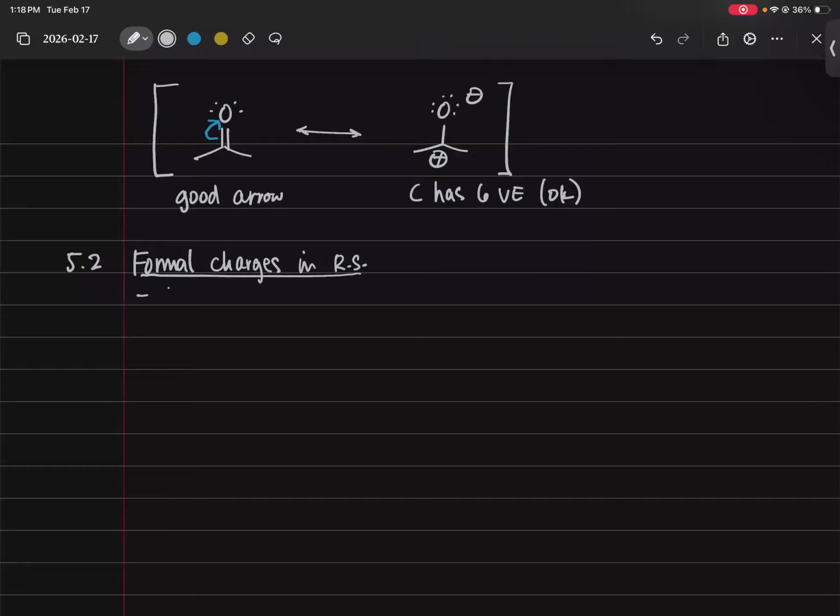But as a reminder, formal charges are always required. If you draw a structure that should have formal charges and you don't put the formal charges, that's wrong, regardless of what kind of structure you're drawing.